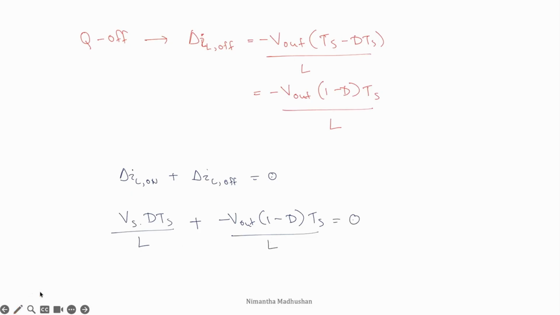If we consider this equation, we can cancel Ts and L, since both are common to both the terms. Then we can write d times Vs minus Vout (1 minus d) is equal to 0. Vs times d is equal to Vout times (1 minus d).